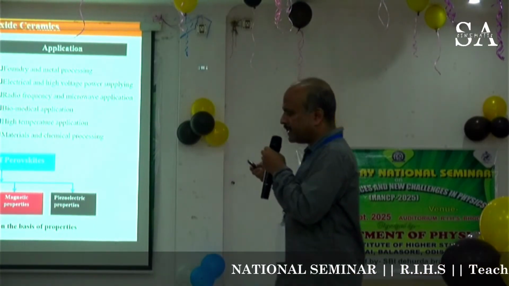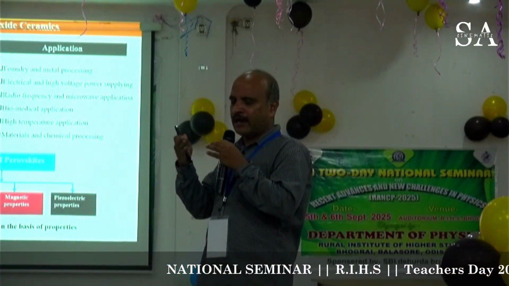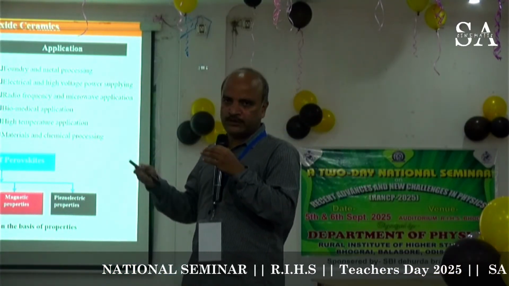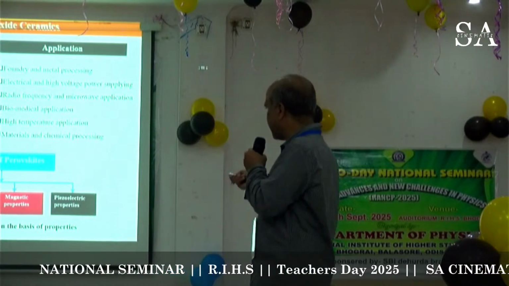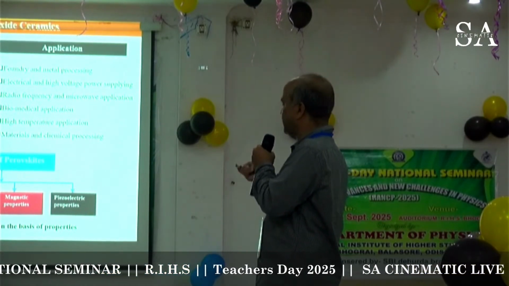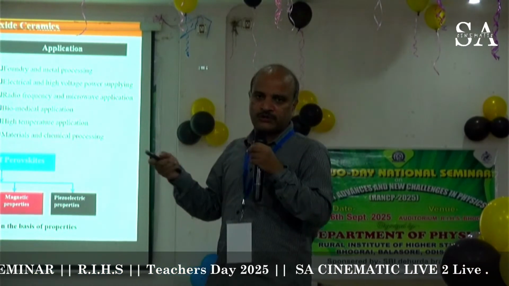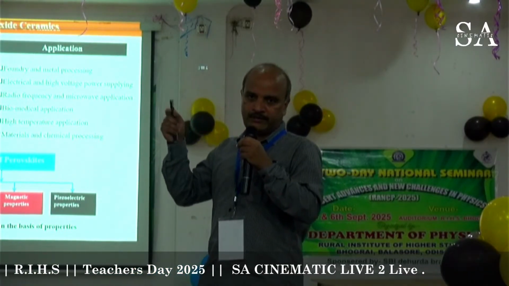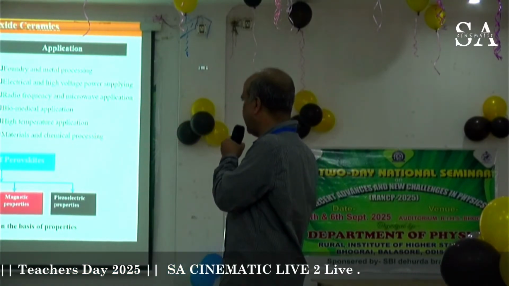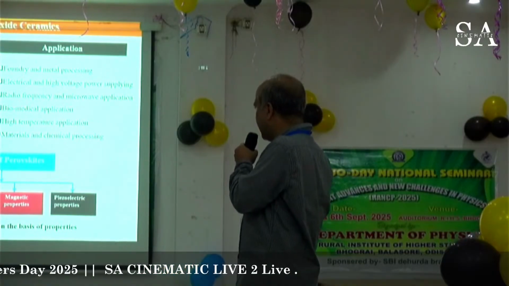Now again, oxide ceramics are of different types, but I will focus on the perovskite structure. Perovskite is a structure with the formula ABO3, where A is the central atom.